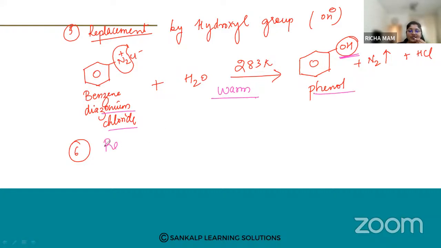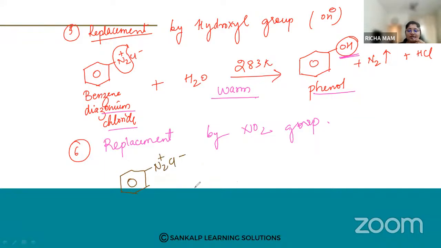Next one is replacement by a nitro group. So let me write the reaction. Again, benzene diazonium chloride, N2 plus Cl minus. I'm going to treat it with fluoroboric acid.